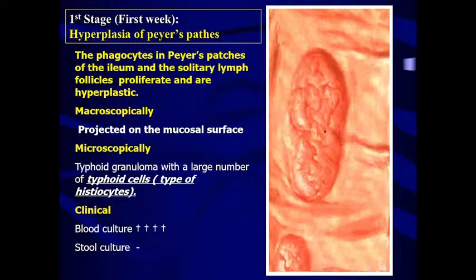Microscopically, typhoid granuloma with a large number of typhoid cells, and these are a type of histiocytes. You're going to see them. Clinical picture is that the blood culture is highly positive. When you do stool culture, you're not going to be able to pick up much. So week 1, you want to do blood culture.